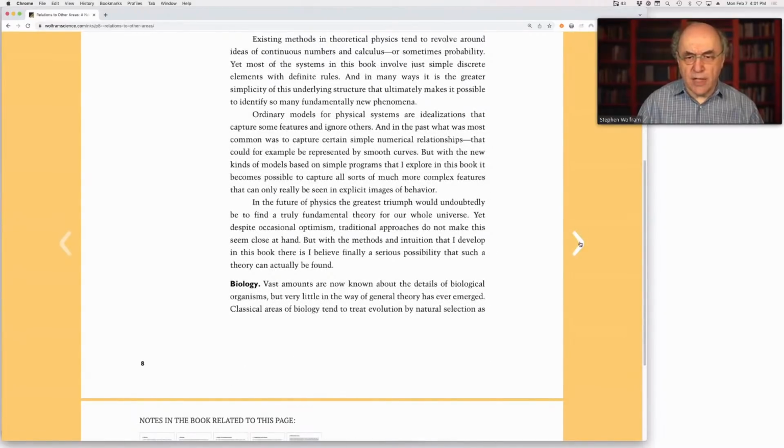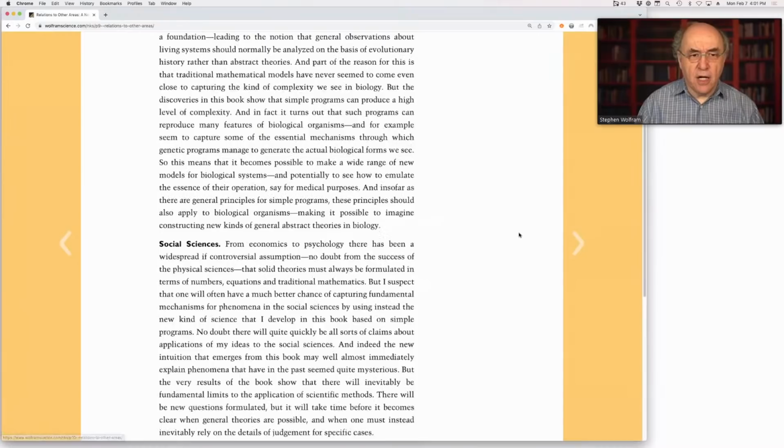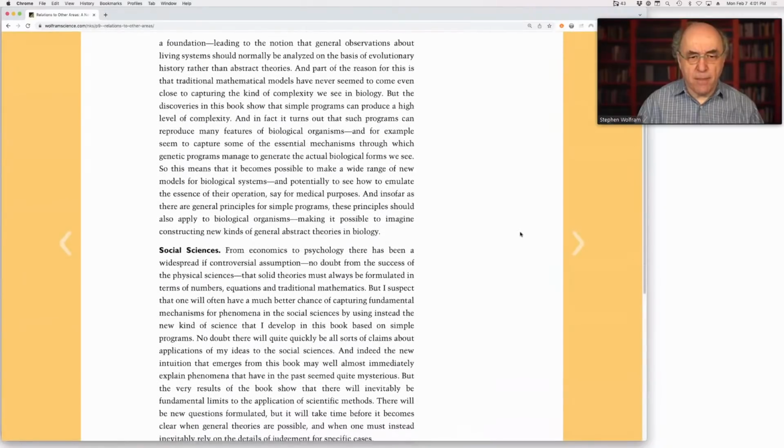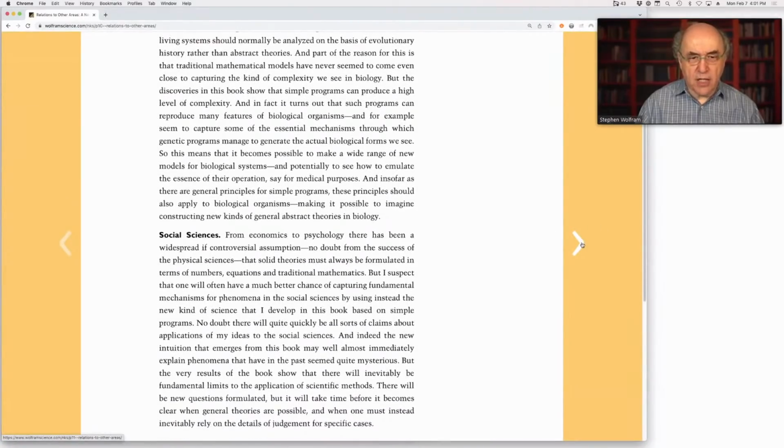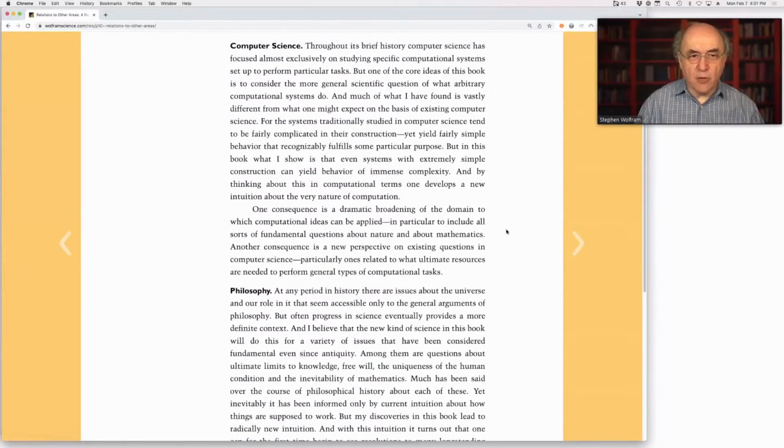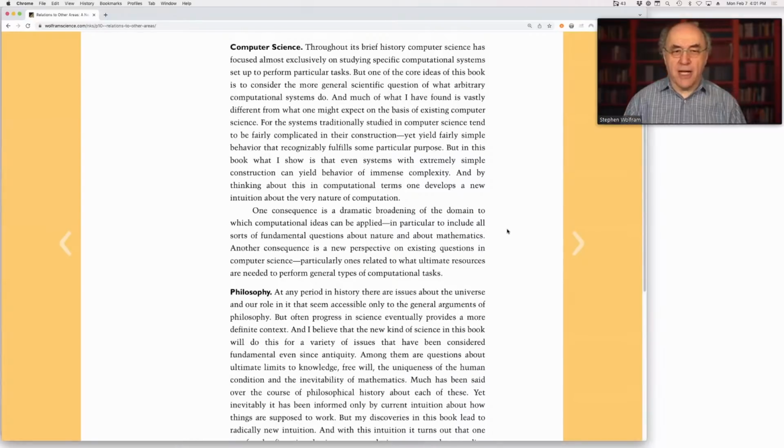I talked already a bit about biology and social science. I think this was mostly a statement not to apply this too quickly in social science. In computer science, I talk about the fact that computer science has tended to be, and still is, mostly about programs we write that do particular things, not about the universal possible programs.